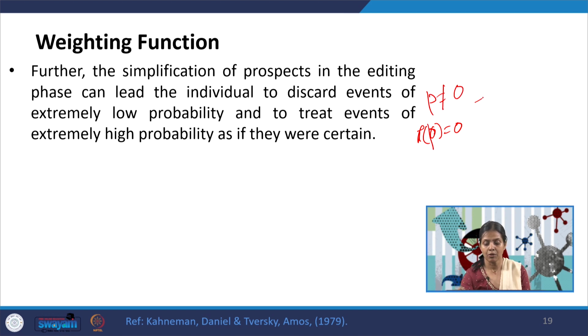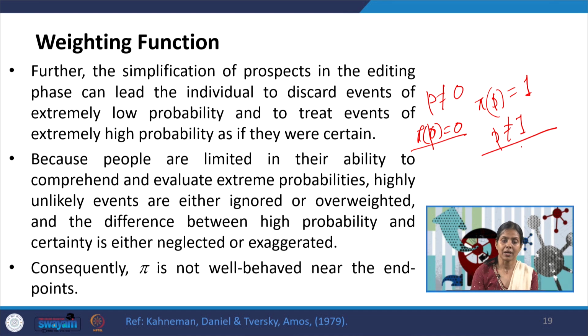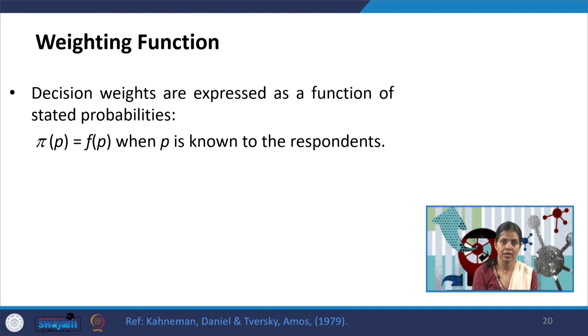Alternatively, for extremely certain events we can make pi p equal to 1, though p is not equal to 1. Because people are limited in their ability to comprehend and evaluate extreme probabilities, highly unlikely events are either ignored or overweighted like this, and the difference between high probability and certainty is either neglected or exaggerated like this. Consequently, pi is not well behaved near the end points.